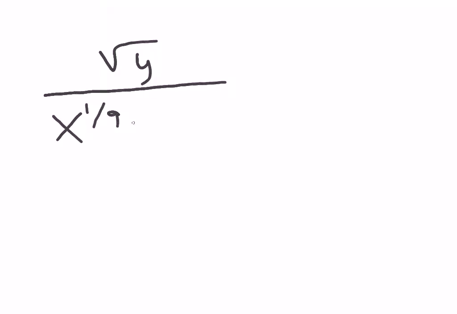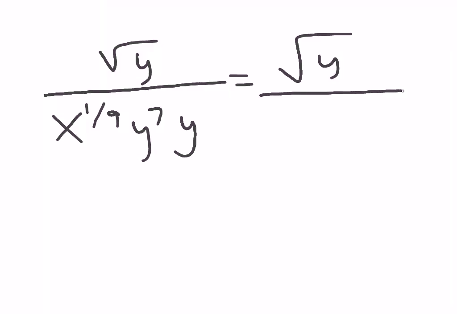So we got the square root of y over x to the 1/9 y to the 7th times y, which was the square root of y times the square root of y. Just rewrote it for you guys. And that then is just the square root of y over x to the 1/9 y to the 8th. And that is my answer.